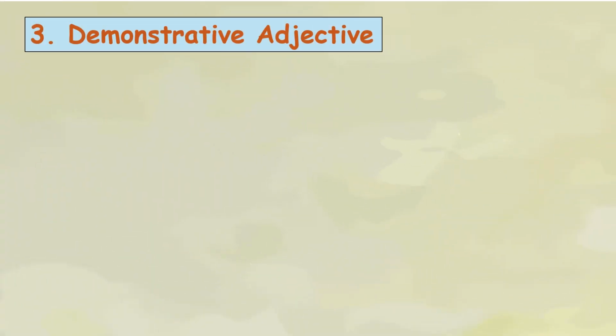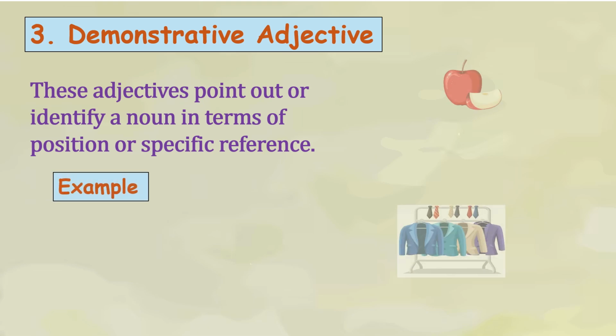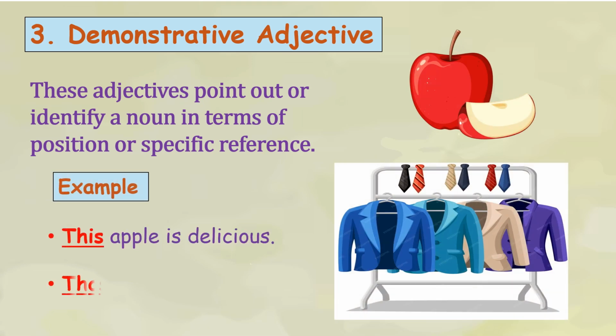Number 3, demonstrative adjectives. These adjectives point out or identify a noun in terms of position or specific reference. For example, this apple is delicious. Those coats are expensive. In the given examples, there are two adjectives in each sentence.